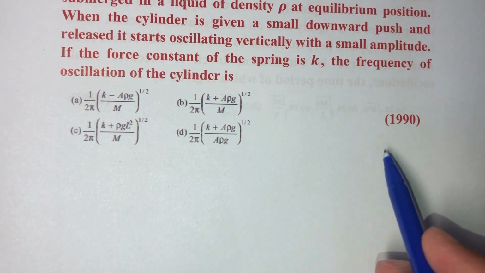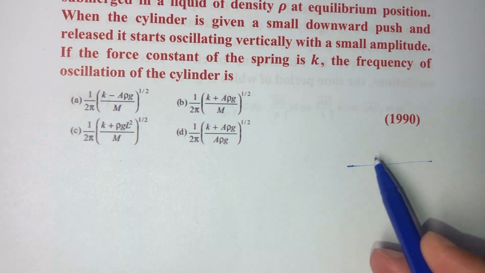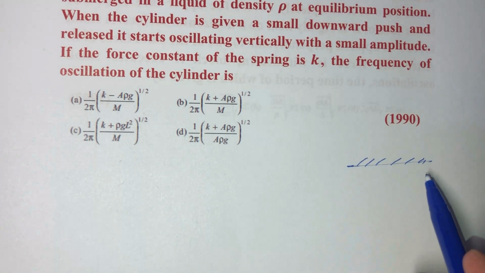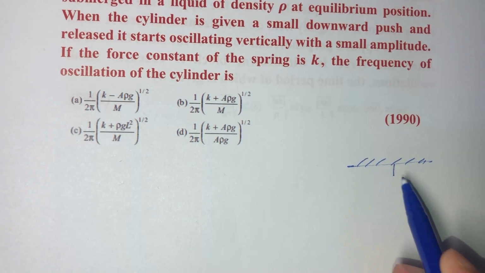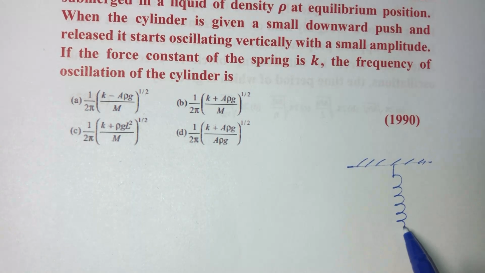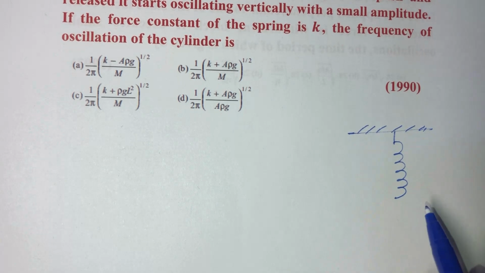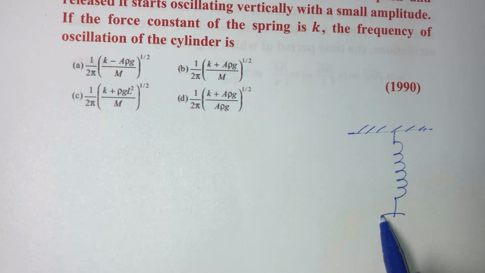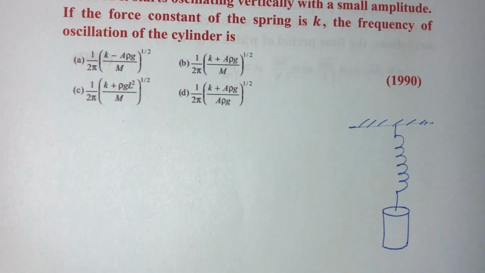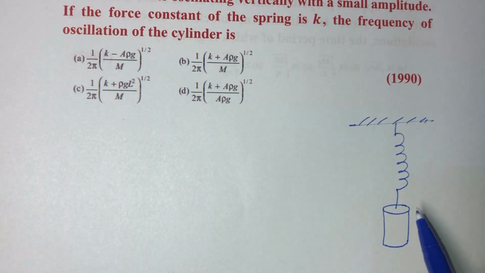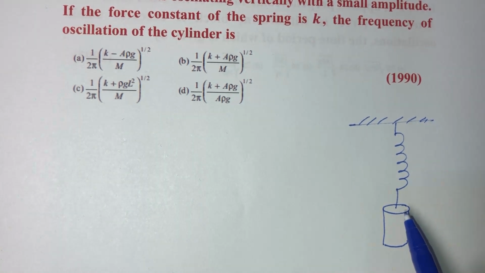We are given that we have a spring, and to this spring a cylinder of length L is attached, and it is also given that it is submerged in the liquid.